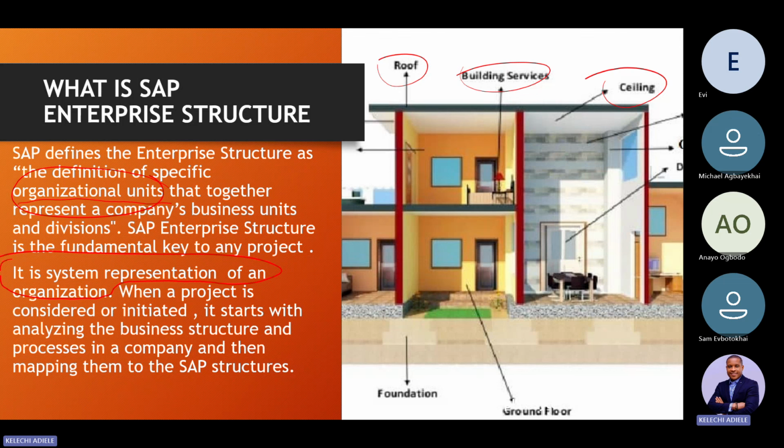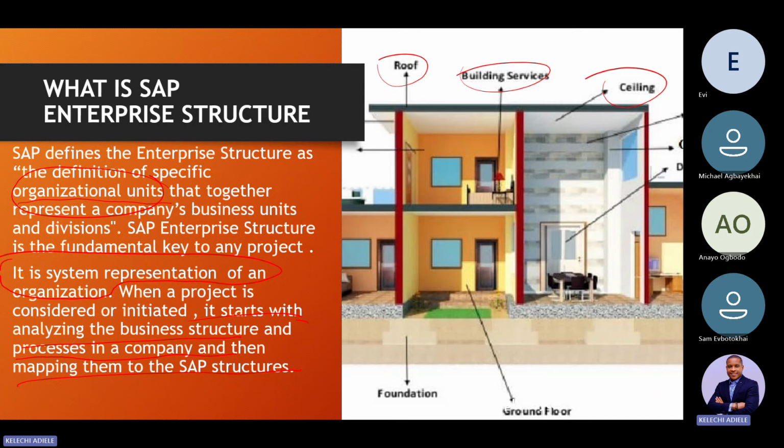This is the intricacies with configuration, guys. So configuration is not just designing system. No. This is what configuration is. It starts with analyzing business structures and processes in a company and then mapping them to SAP structures.